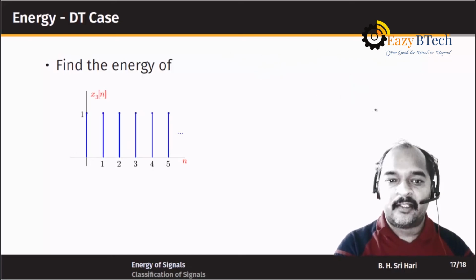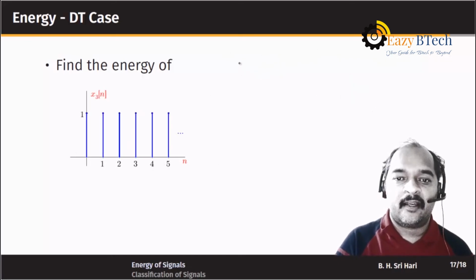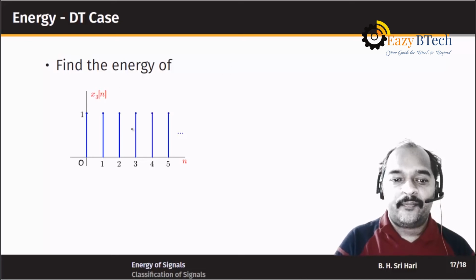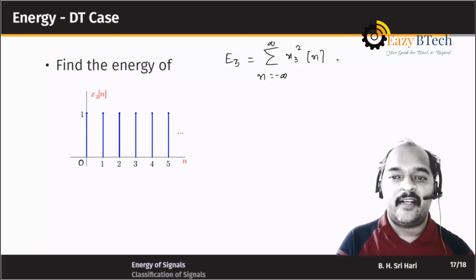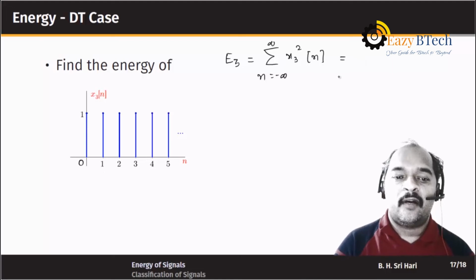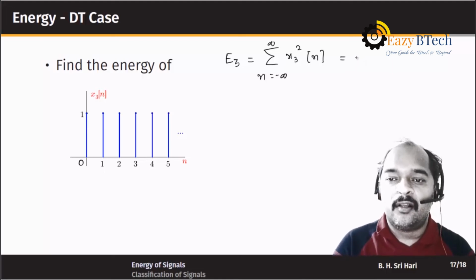Okay, so for the next example we will take x3 of n, which is given by this. That would be given by E3 equal to, again, the summation from n equal to minus infinity to infinity of x3 square of n, because the signal is real. So how much does that turn out to be? From 0 to infinity, all the values are 1.